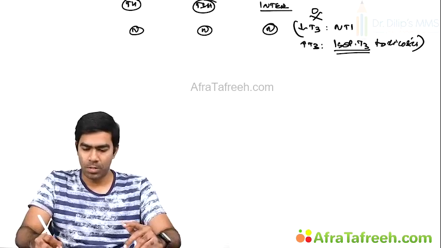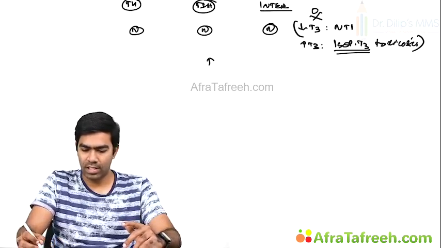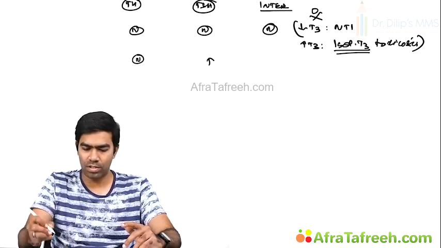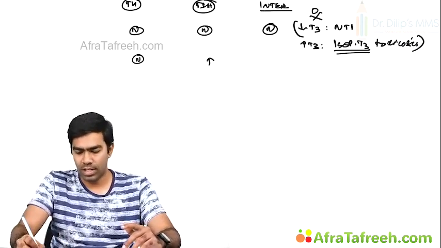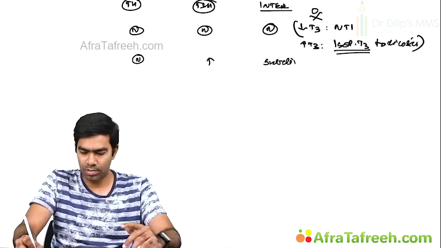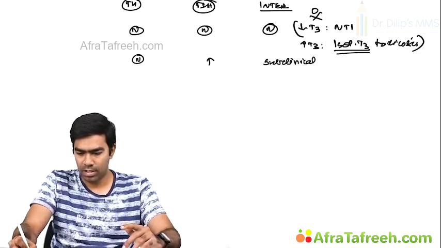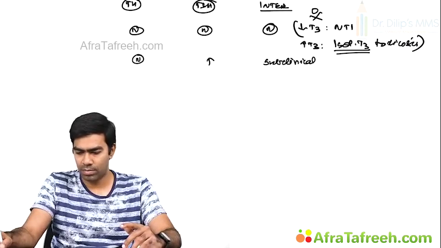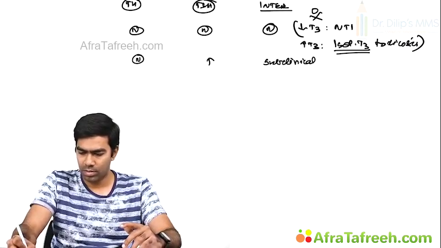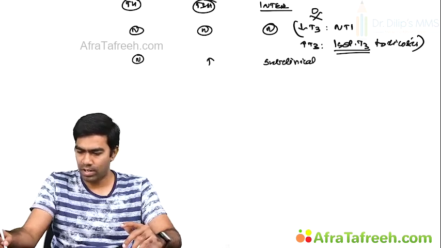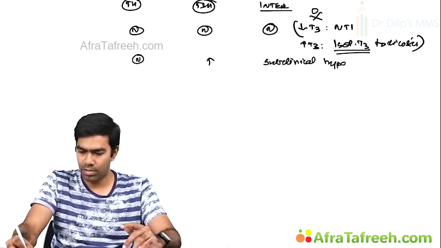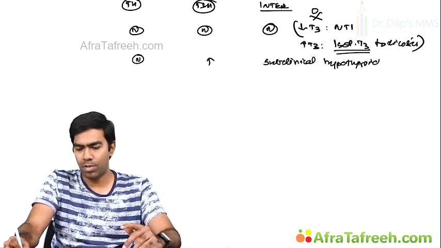Then, what if TSH is increased and T4 is normal? This condition is subclinical hypothyroidism. Why does it come under subclinical hypothyroidism? We have a common rule, isn't it?